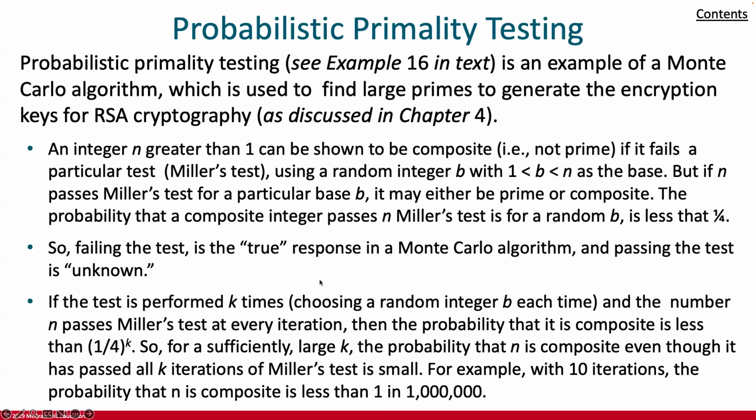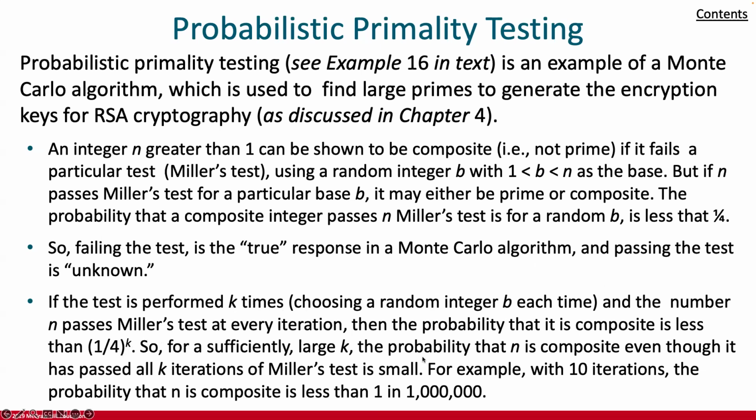If we perform the test k times, choosing a random integer b each time, and n passes Miller's test at every iteration, then the probability that n is composite is less than 1/4 to the k power.